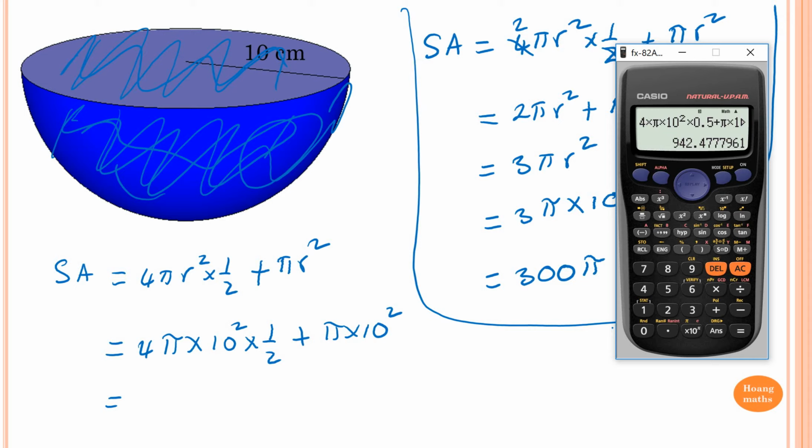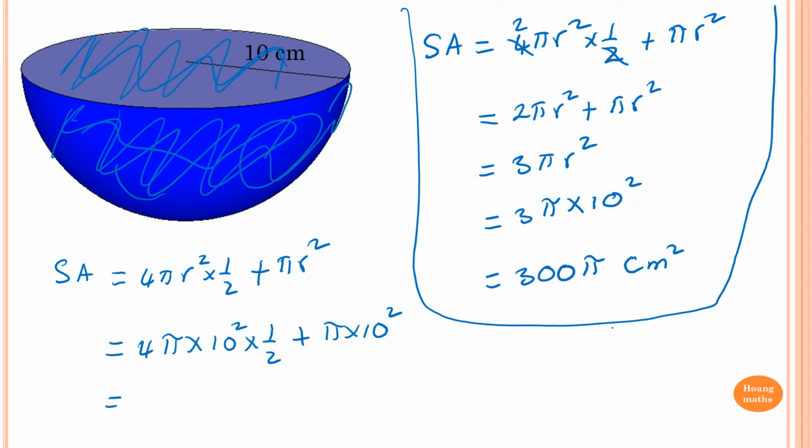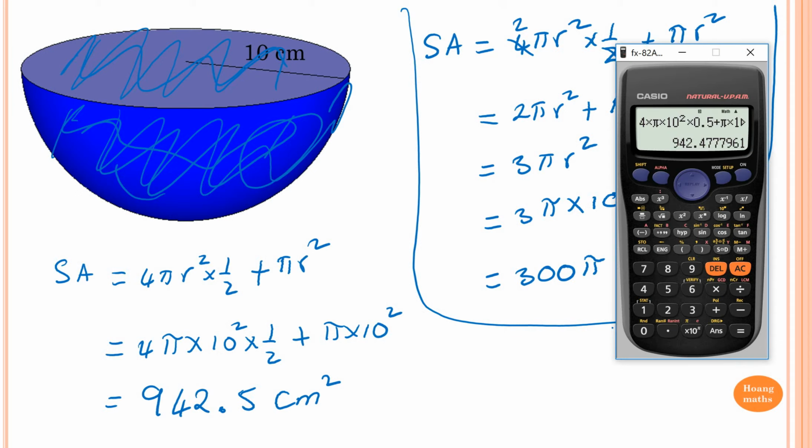So 942.5 square centimeters. We can check it as well. Let's say I have 300 pi here, so 300 shift pi equals, there you go, 942.5.